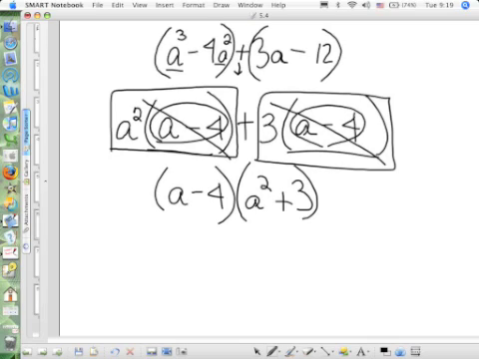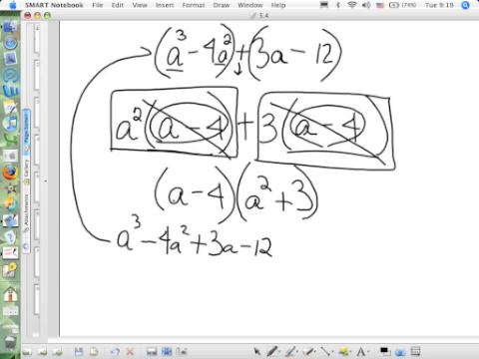What would we have to use? FOIL. You'd have to use FOIL. Do y'all want to check and prove it to ourselves? No. Too bad. Okay? First times first is a cubed. Outer times outer is plus 3a, but I'm going to put these in the right order. Inner times inner is minus 4a squared, and last times last, minus 12. Isn't that cool?